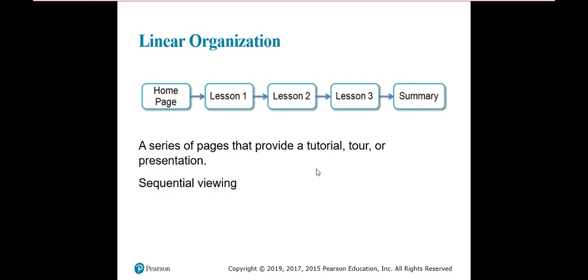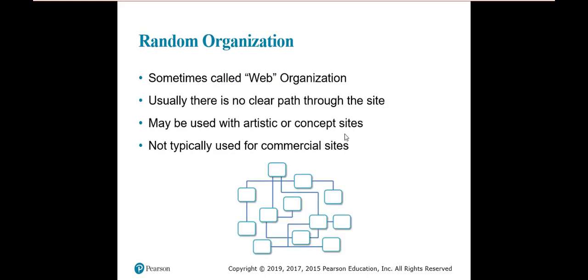So this is a kind of linear organization we can follow if you are planning to prepare any kind of tutorial website or touring website where you do not want your audience to skip any one of the steps and you want them to view all the pages in a sequential order. So in that case, you can have this linear organization structure for the navigation bar.